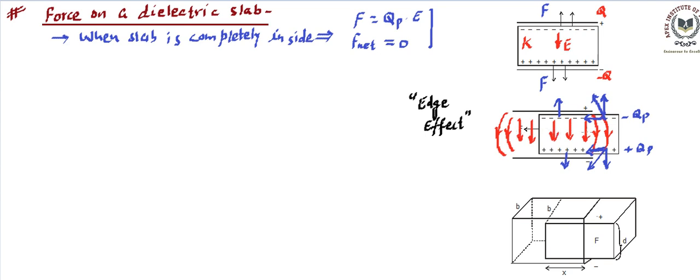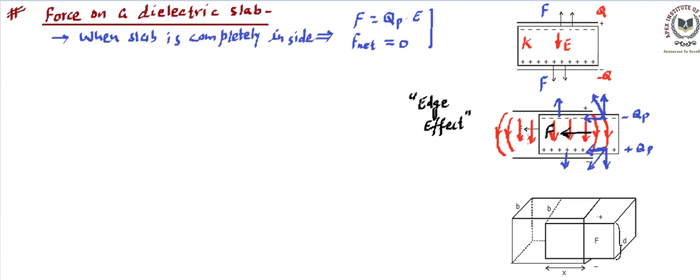That means we can conclude that it is experiencing a net force in this direction. Hence there is a net force acting on the dielectric slab, in the direction where the capacitor is pulling the dielectric slab to fill it completely.